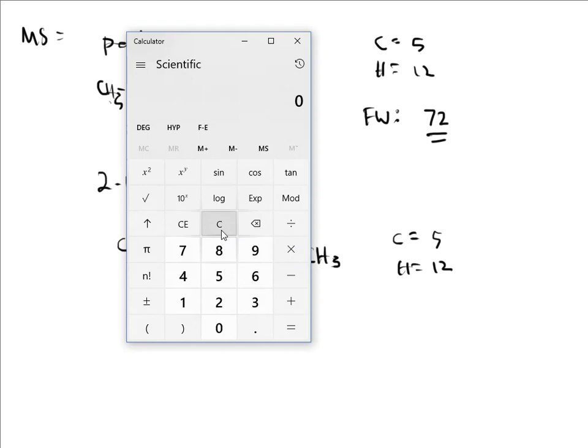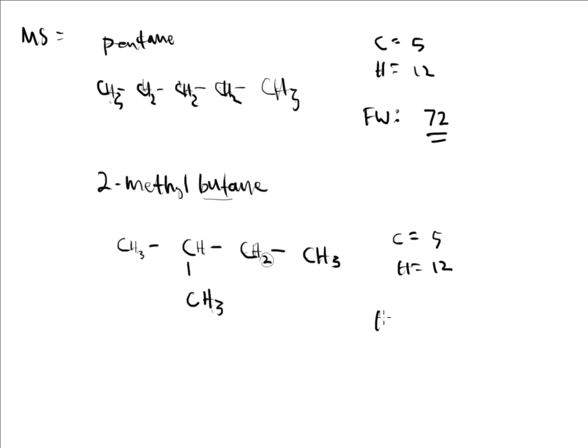Well, guess what, folks? Same number of carbons, same number of hydrogens. So if this molecule stays together, I'm going to get a nominal weight of 72. Why is that important? Now, 72 here is the parent peak or the M peak in the spectrum. 72 here would also be the M peak of the spectrum.